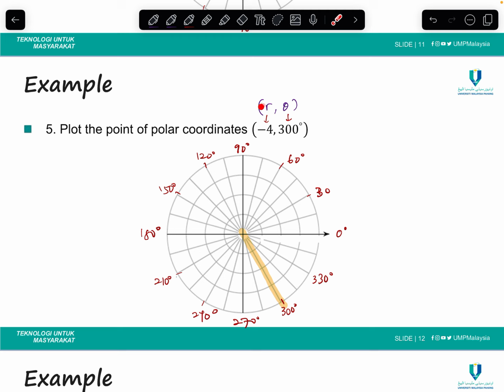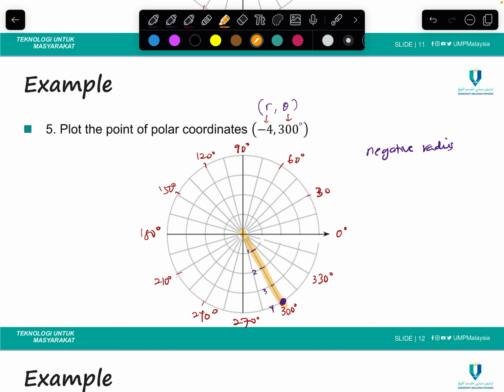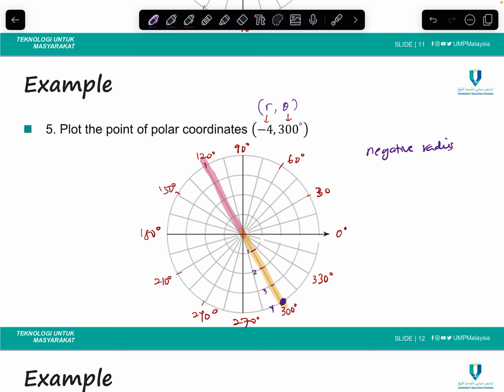Now look at r. r is -4. If the radius is 4, 1, 2, 3, 4, this is the plotting, but you have a negative radius, which means that the direction now is on the opposite side, in the same line, with the same distance from the pole. It is here.